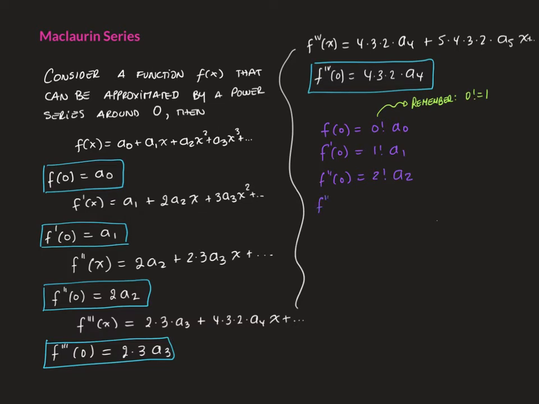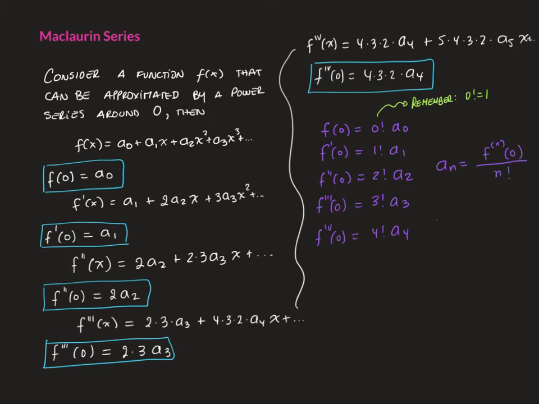The third derivative at 0 is 3 factorial a3. And the fourth derivative at 0 is 4 factorial a4. So this leads to the general pattern that actually an should be the nth derivative evaluated at 0 divided by n factorial.